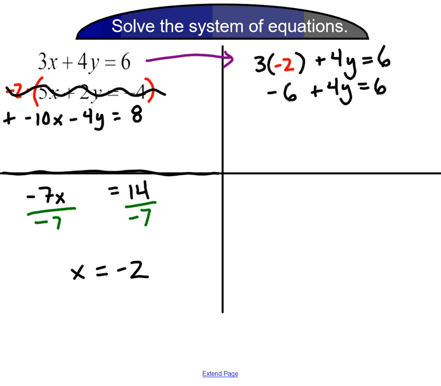I am going to add 6 on both sides. So I get 4y equals 12. Divide by 4, divide by 4. I get y equals 3. So my solution is negative 2, comma 3.